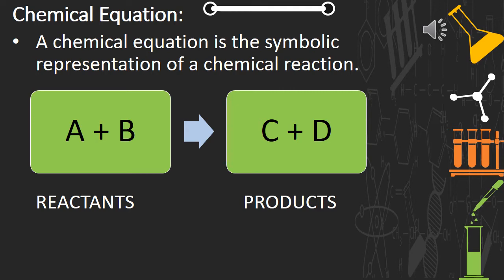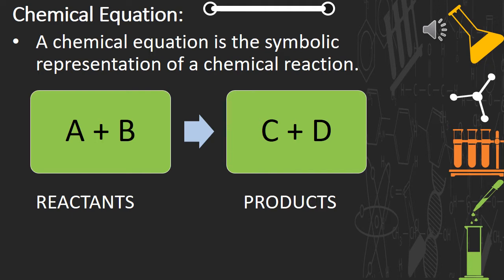So a chemical equation is the symbolic representation of a chemical reaction, where with the help of the symbols of the elements, the reaction is presented in the form of an equation. Again I'll repeat the definition: a chemical equation is the symbolic representation of a chemical reaction.